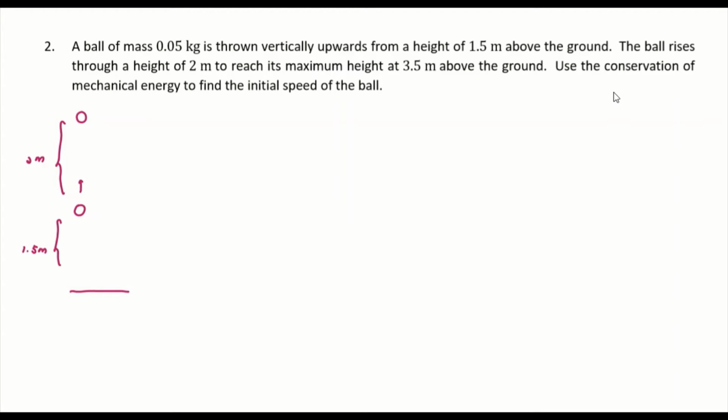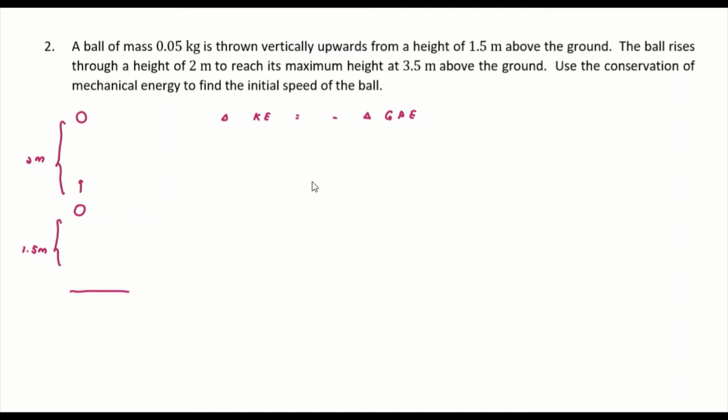Depending on you, when we talk about the conservation of mechanical energy, you can either do the loss in KE equals the gain in PE, or you can say that at any stage the mechanical energy is the same. Let's try the first. The change in KE equals the negative change in GPE.